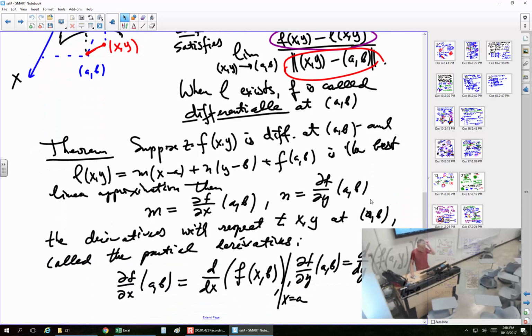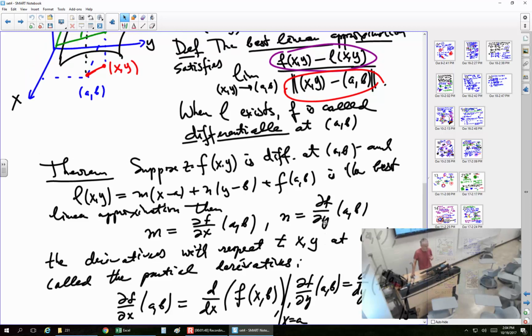So then we ended up with this theorem that says that this linear function L, we know how they are represented in this fashion. Both of the slopes, or coefficients of x and y, are the partial derivatives of the function. It's all under the assumption that the function is differentiable to begin with.